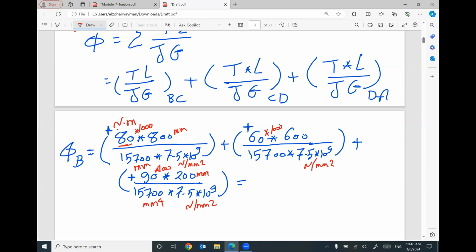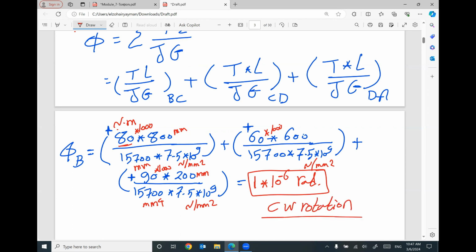So I can say the angle of twist at the free end B equals 1 times 10 to power negative 6 radian. This is the value, clockwise rotation.